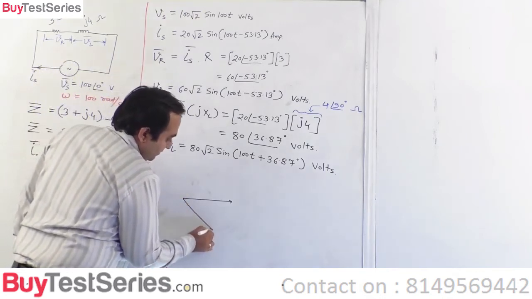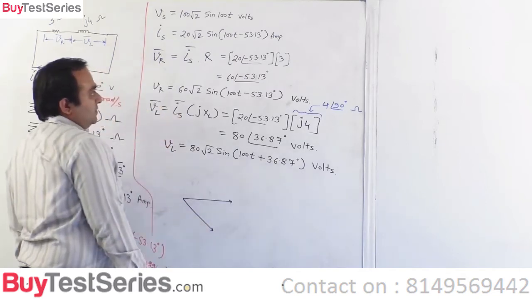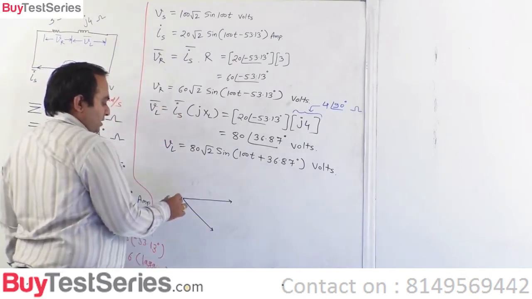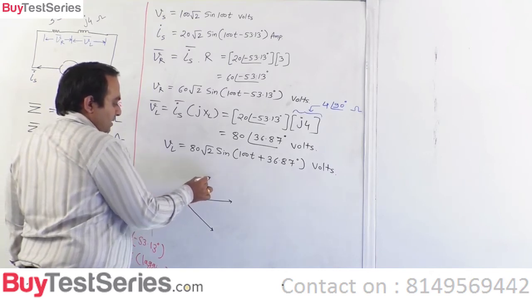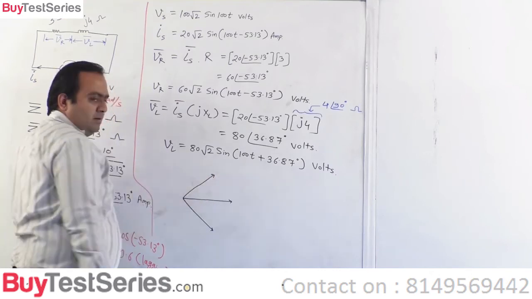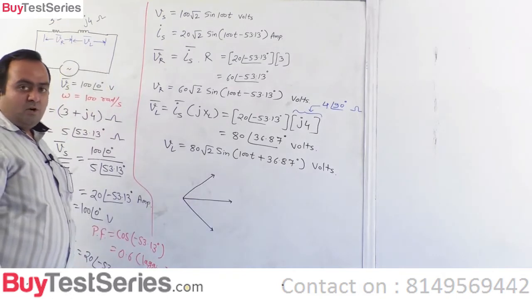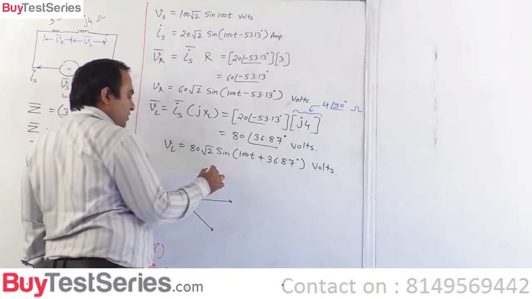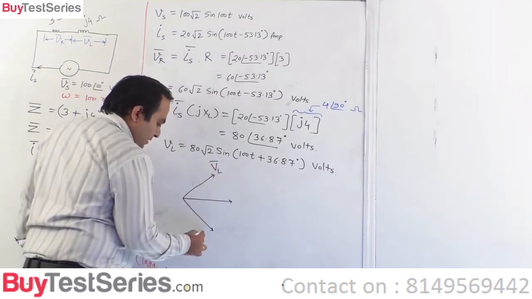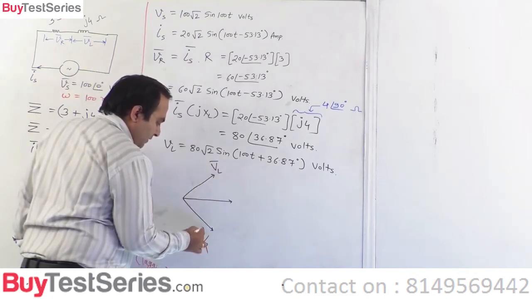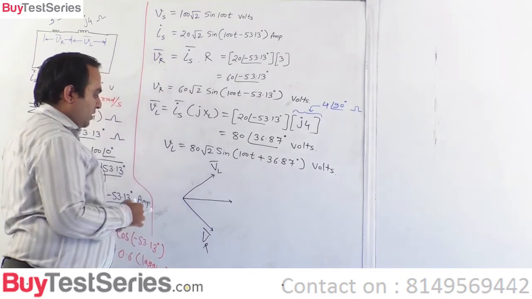Let me draw it like this, and VL should lead by 36.87 degrees. So this will be VL phasor. This is VR phasor.